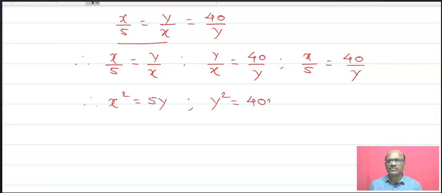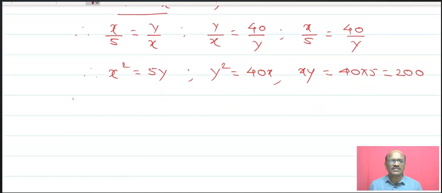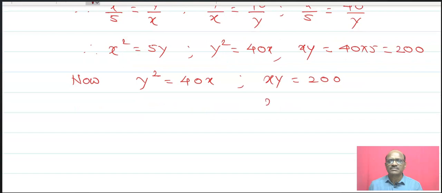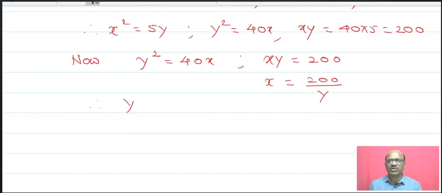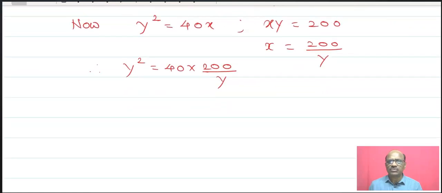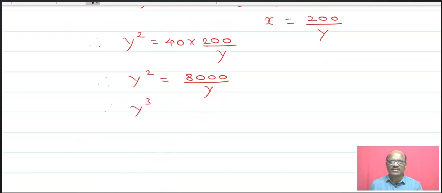y square is equals to 40x, and xy is equals to 40 into 5, that is 200. Now y square is equals to 40 into x, and xy is equals to 200. Therefore, x is equals to 200 upon y, and that's why y square is equals to 40 into 200 upon y.